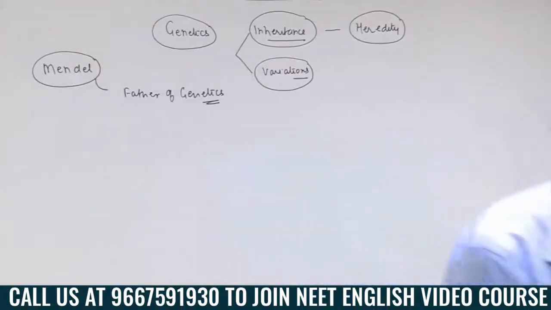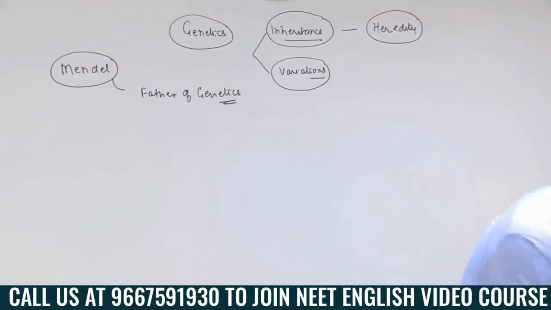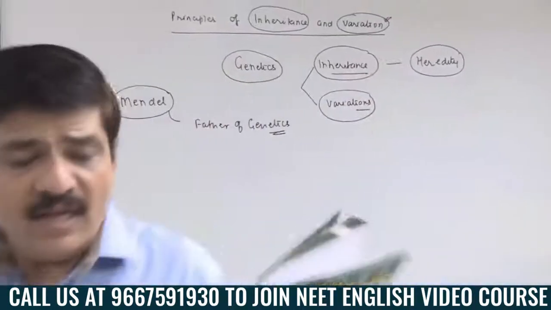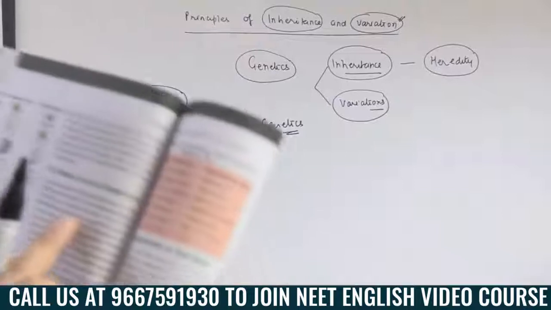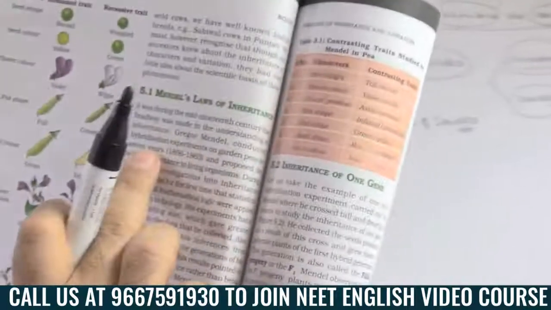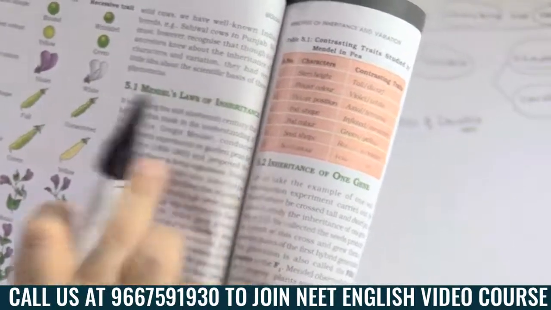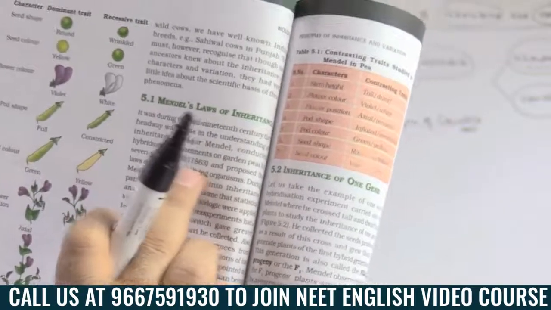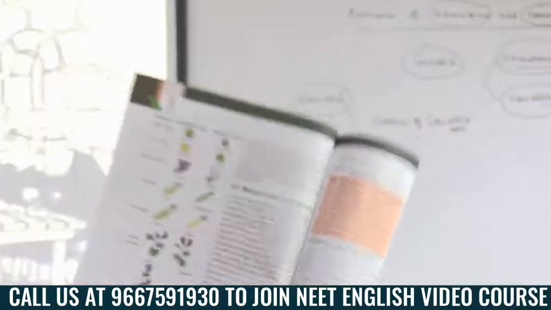And if you look at your NCERT, this is a very important thing to understand. The question has been asked in NEET exam as well, that Gregor Johann Mendel conducted hybridization experiments on garden pea for 7 years, 1856 to 1863. So this is the duration that we are talking about.